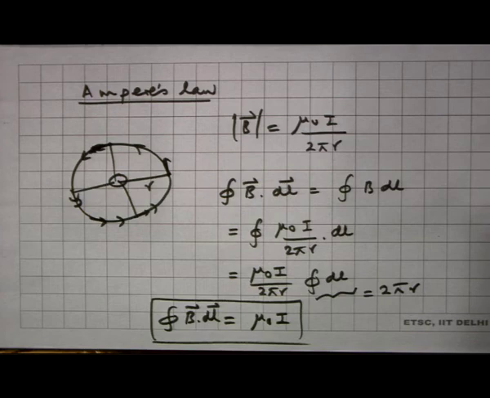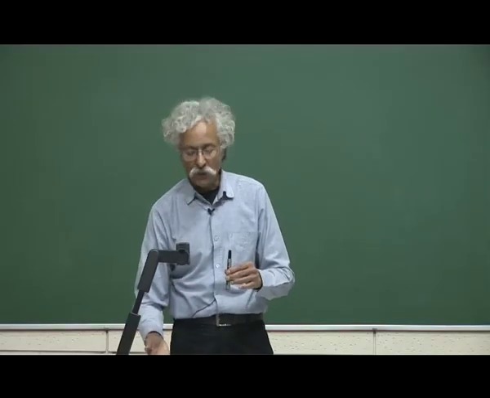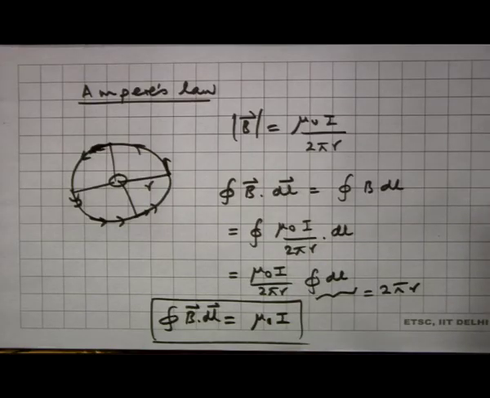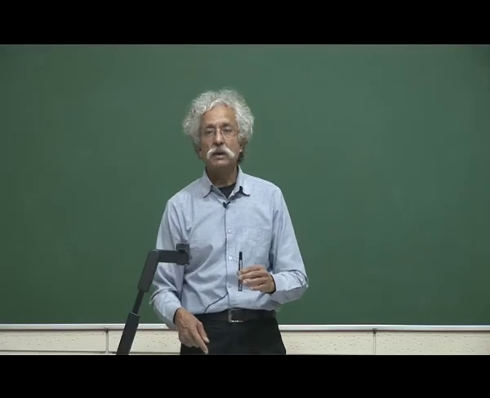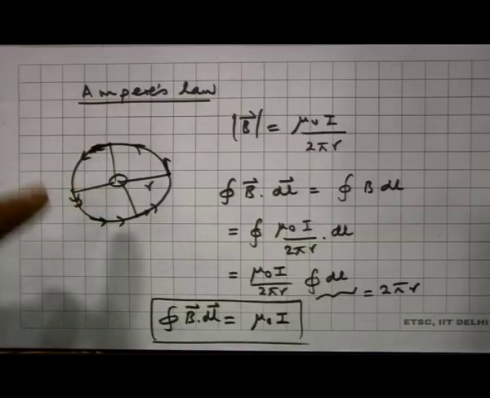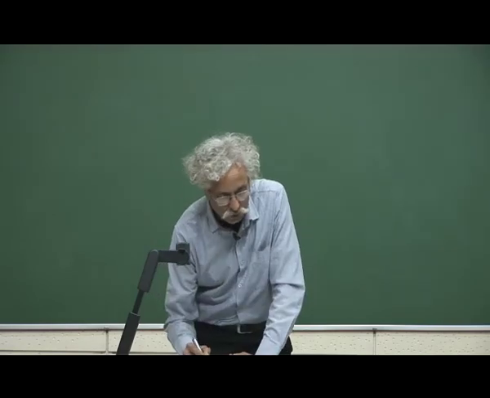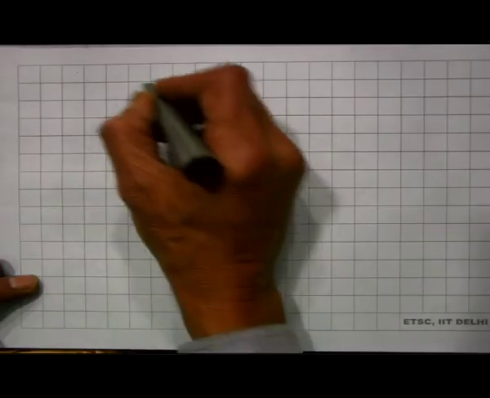So, I have taken an infinitely long current carrying conductor, calculated the magnetic field, and then calculated the integral of B dot dl on a circular path with the conductor at the center of the circle, and I find a value of mu naught I. Now, what happens if I have some other path, not circular, but some arbitrary path?